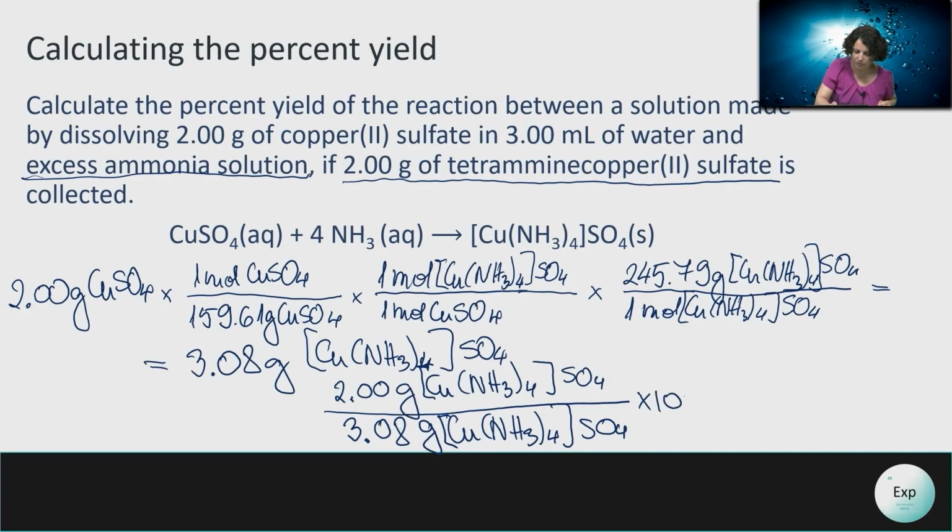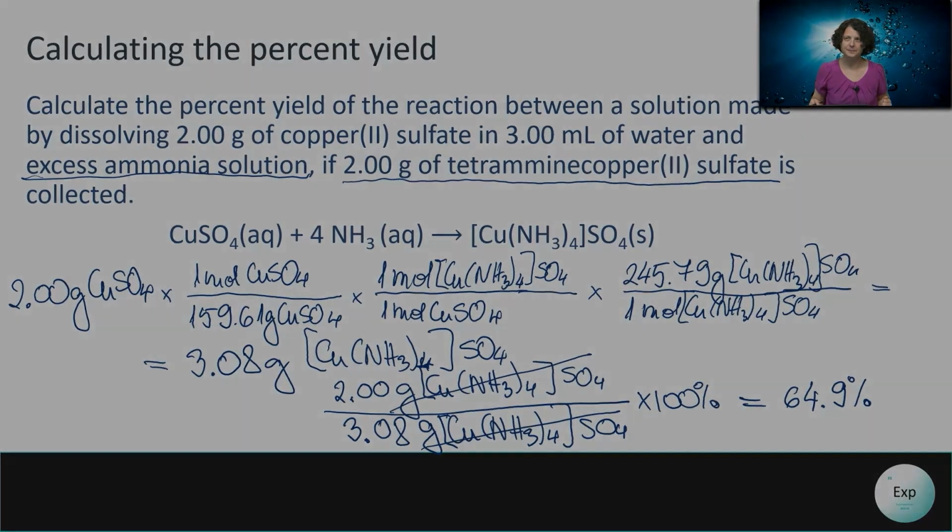We multiply this ratio by 100%. We notice that it's the same grams and the same product, so that cancels out, giving us a yield of 64.9%. And this is a fairly realistic number for making a coordination compound of copper.